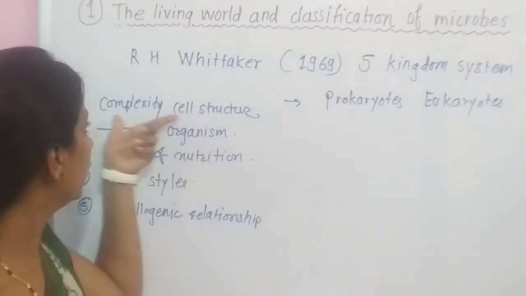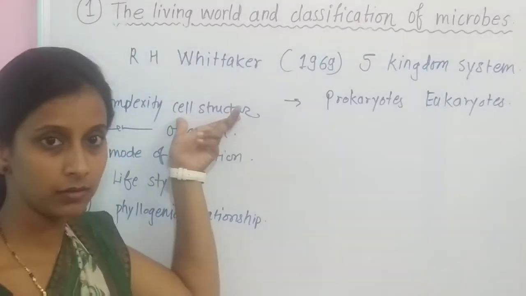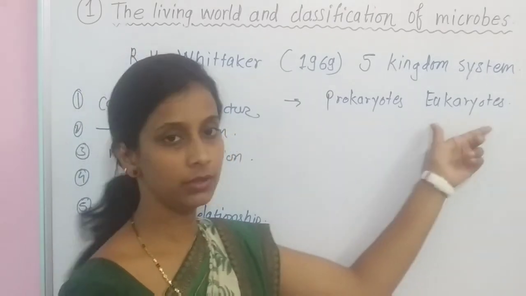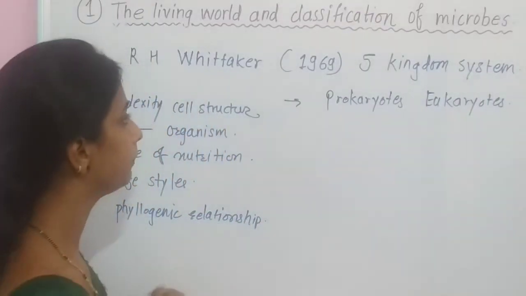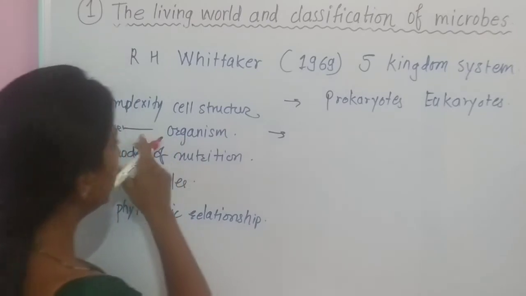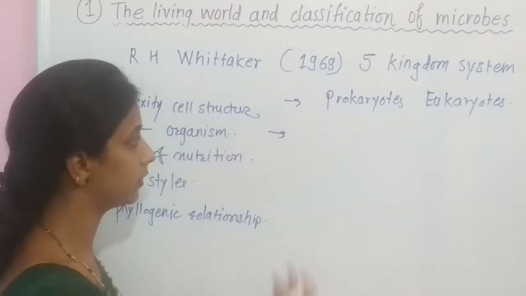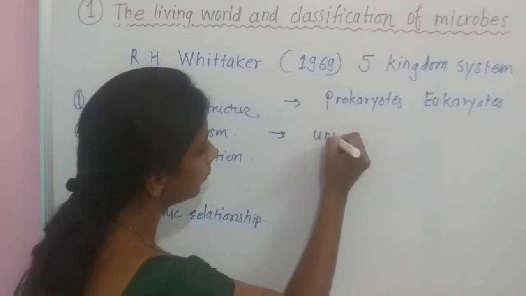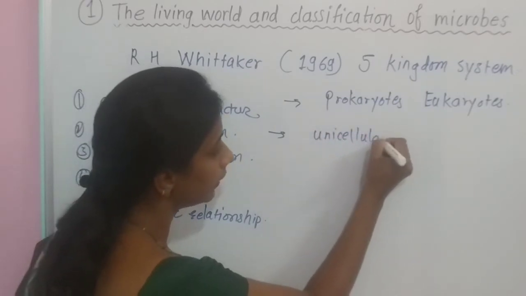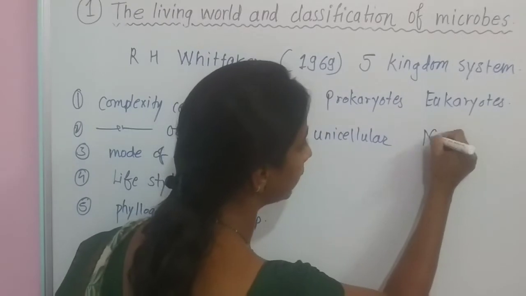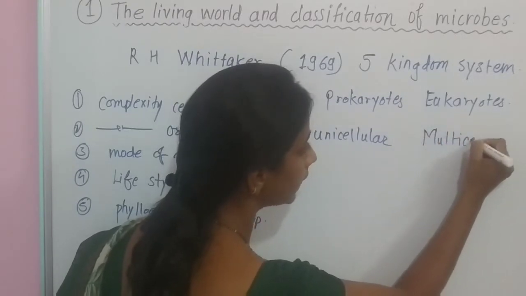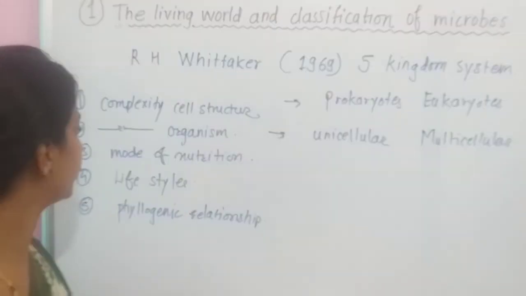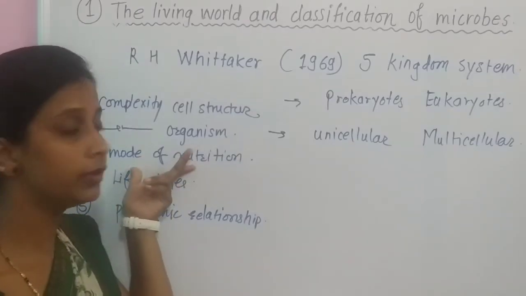So according to the complexity of cell structure, Whittaker forms two groups, prokaryotes and eukaryotes. Then according to the complexity of organisms, he divides all the organisms into unicellular and multicellular.